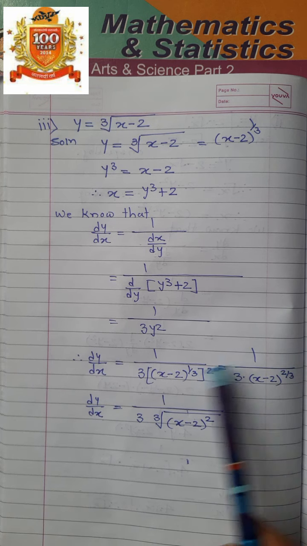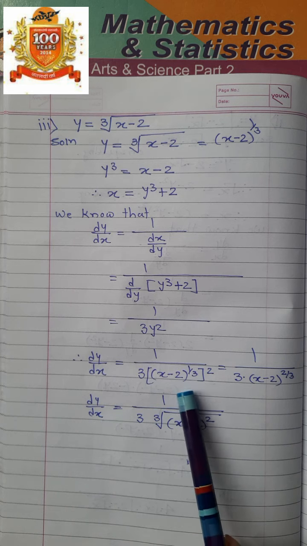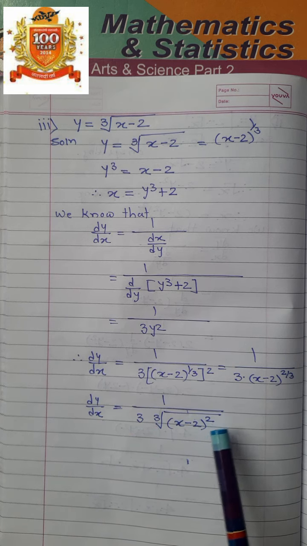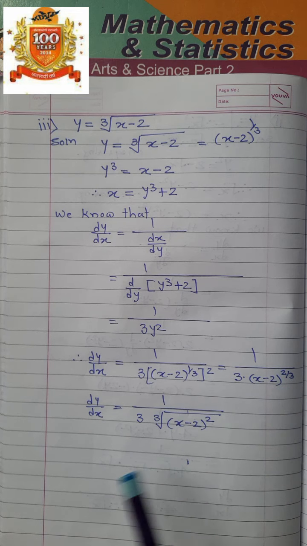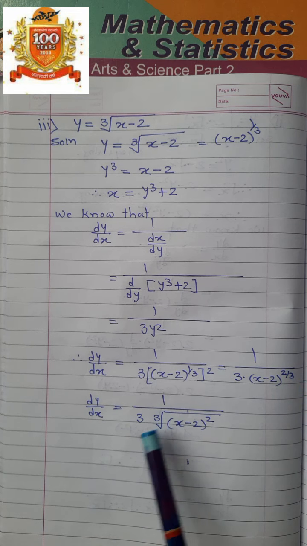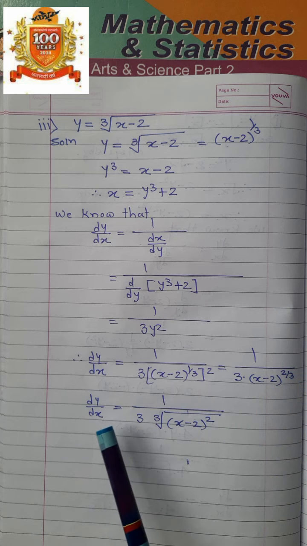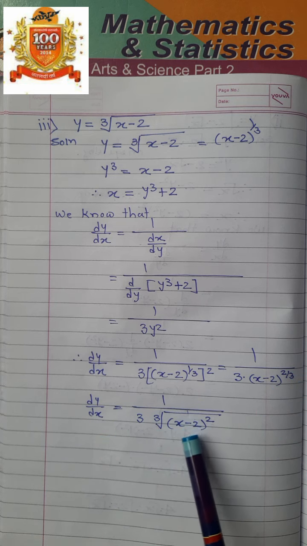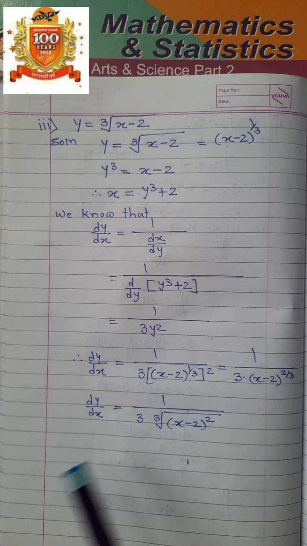What is the meaning of this? dy by dx is equal to 1 upon 3 into cube root of x minus 2 whole square, because this is a square and 1 by 3 means cube root. Thus, dy by dx is equal to 1 upon 3 into cube root of x minus 2 whole square. In this way, we get the answer of this question.